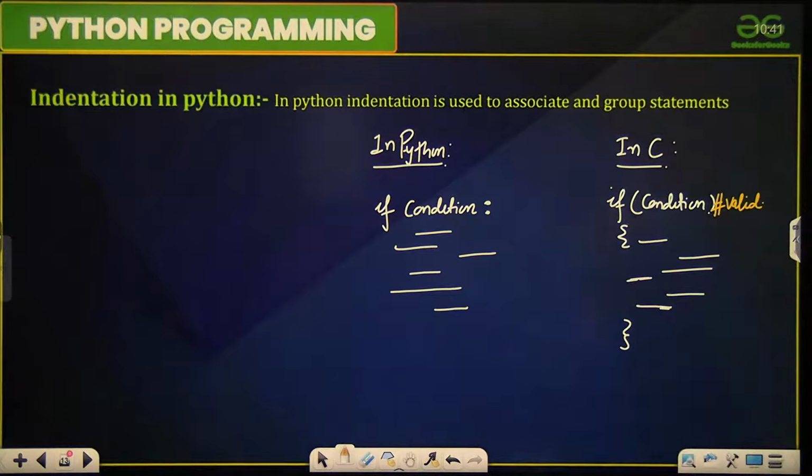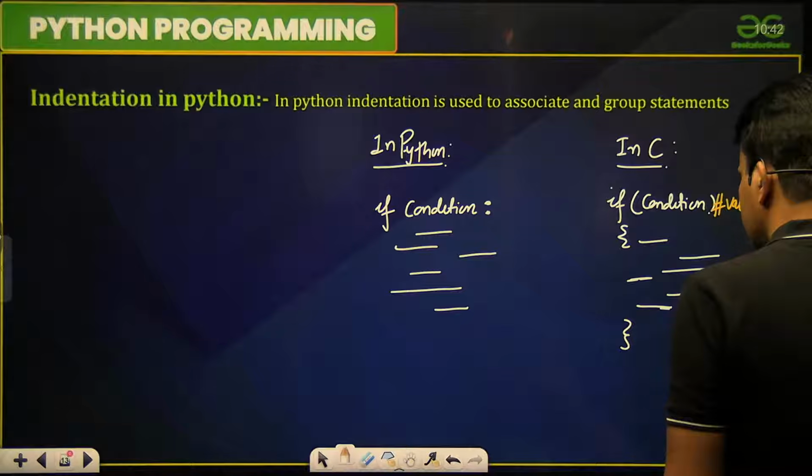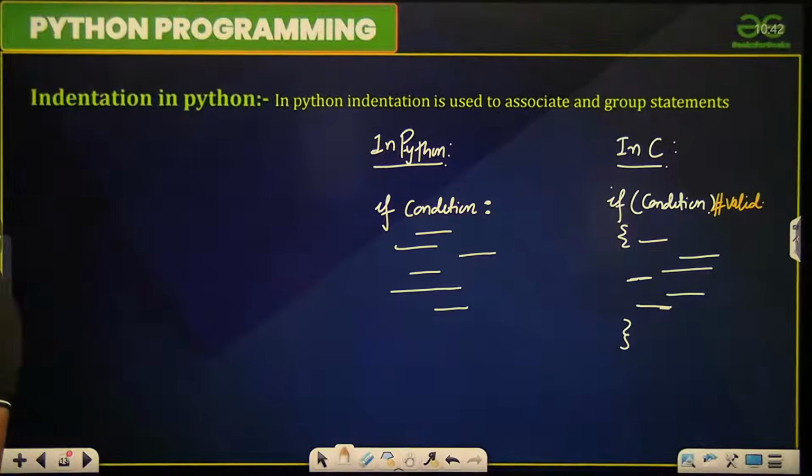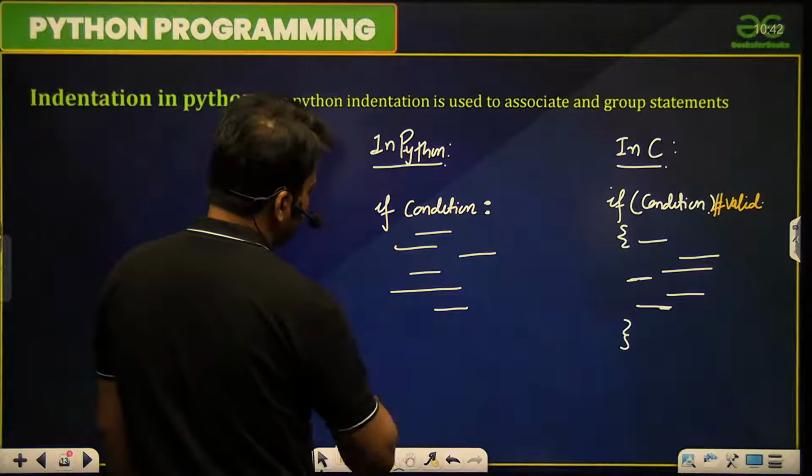Yes, some buffering issue. Yes, I got it. So this is invalid in Python because you can't determine whether the block of if starts from here and ends from here.